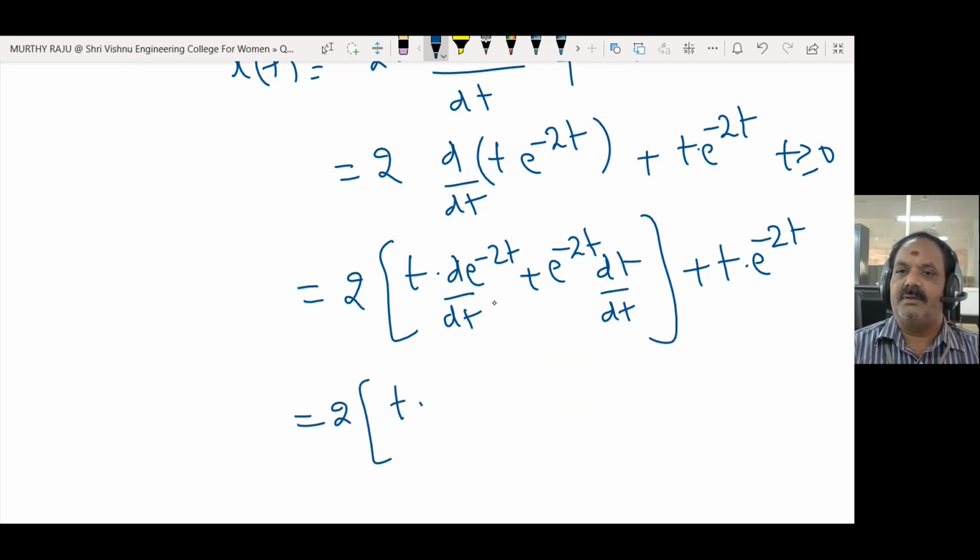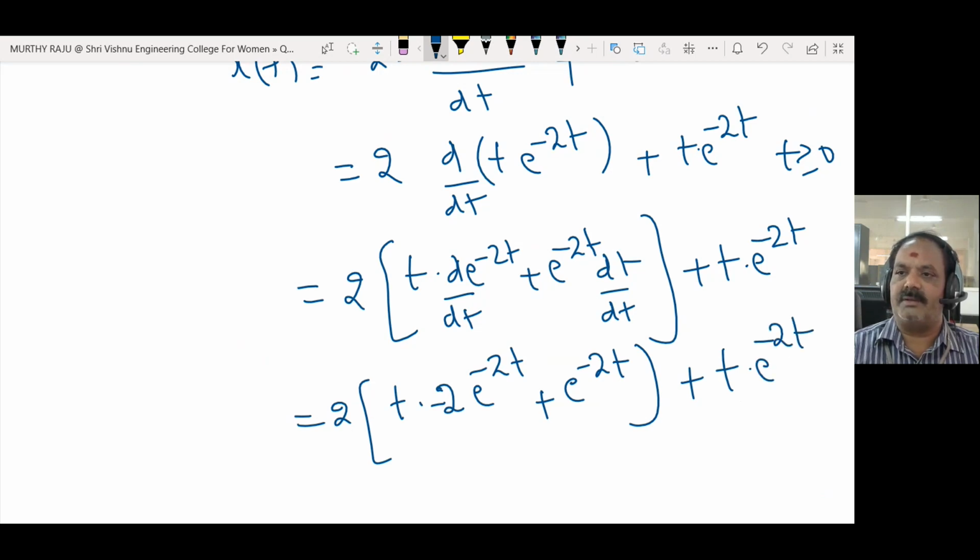T into the derivative of e power minus 2t with respect to t, which is minus 2 e power minus 2t, plus e power minus 2t, plus t into e power minus 2t, for t greater than or equal to 0.